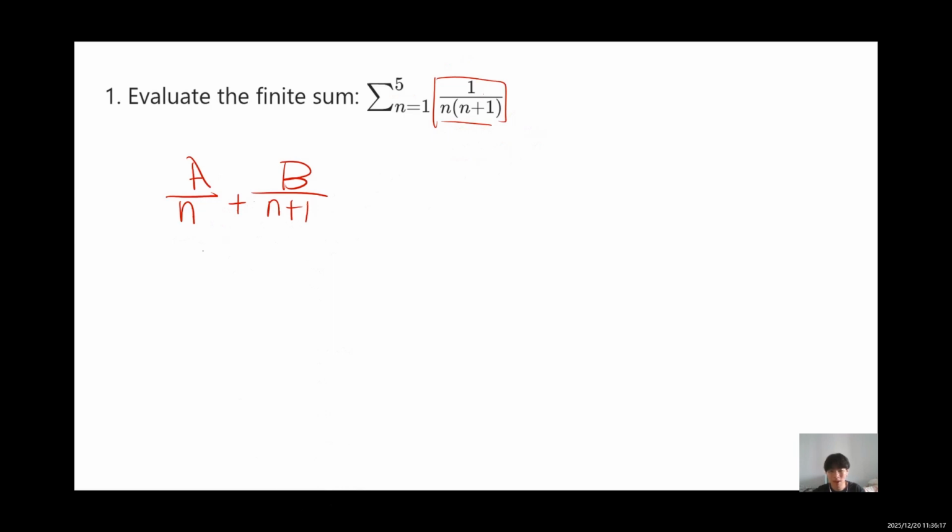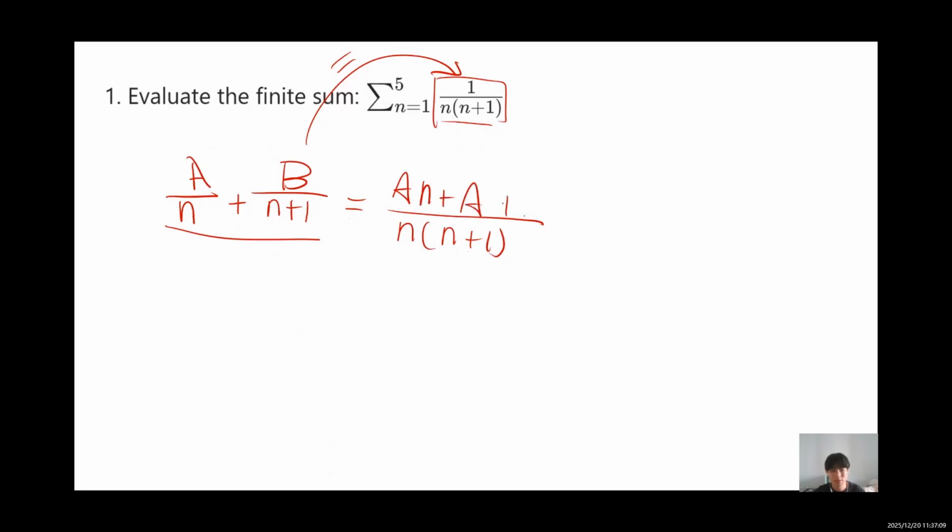We must guarantee this is equal to the original, so we should get it back to the original form, with denominator n times n plus 1. The upper part will be An plus A plus Bn.